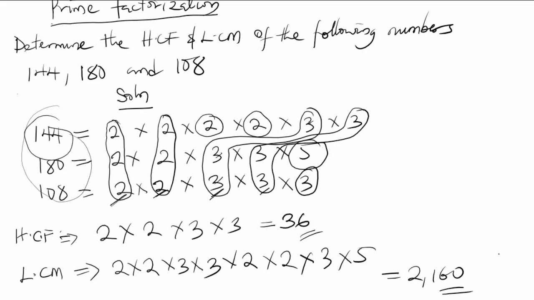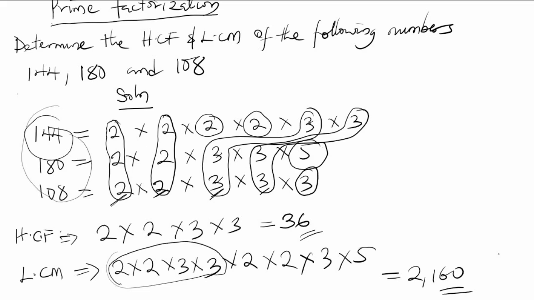Don't know if you get me. It's very easy. First of all, you find the common factors in all three numbers. This is 2, 2, 3, 3, and you write them down. That's the HCF. Then for the LCM, you write down the HCF first.